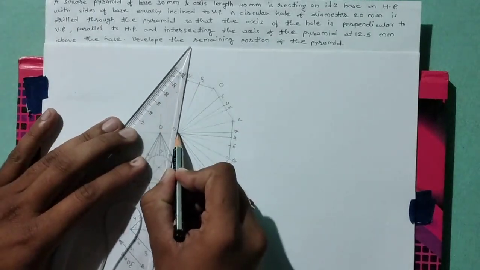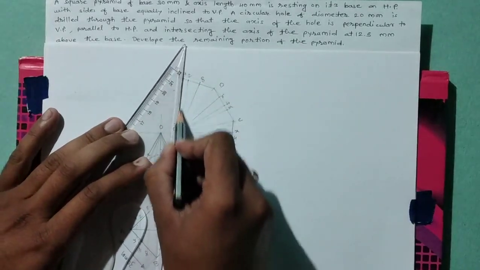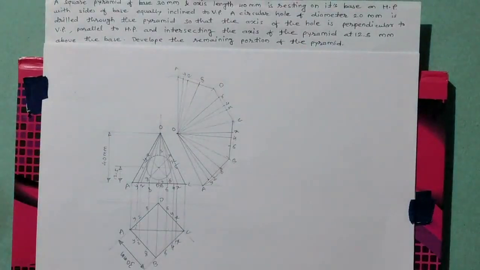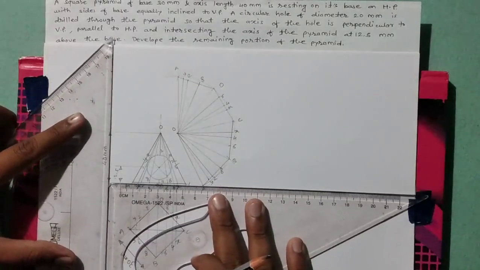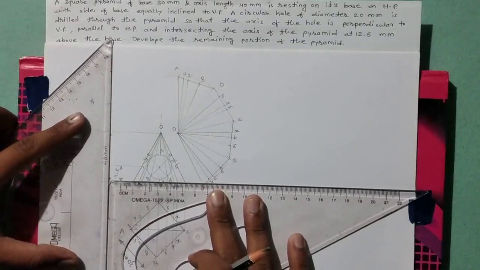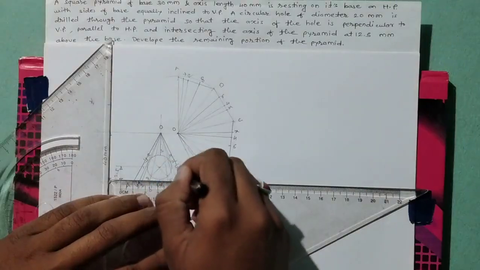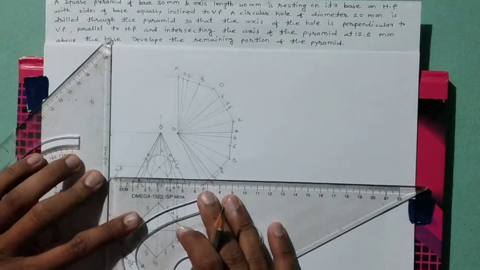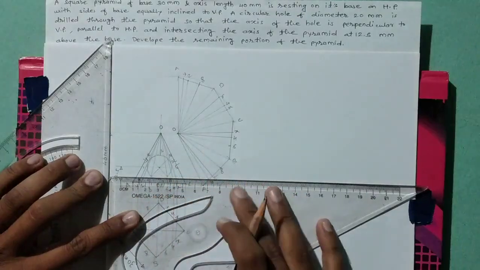2 to O, and at last O to Y. After joining all these points, take the points from the front view on the development, such as this point 7. After that, take point 86, a single line will pass through 86.